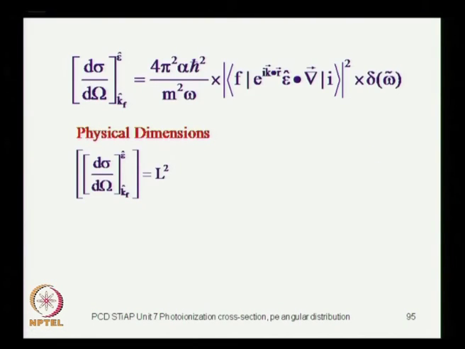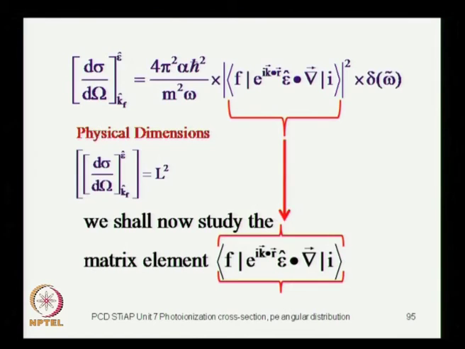So, this is where I will conclude today's discussion: you have the expression for the differential cross section, and we will then have to discuss some specific aspects of this matrix element. Notice that this matrix element has the gradient operator, the momentum operator, and this form of the matrix element is sometimes called the momentum form of the matrix element.